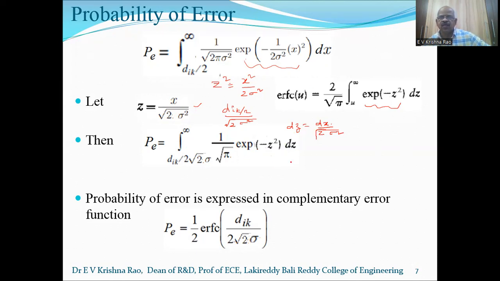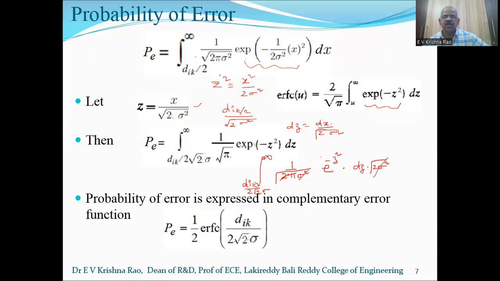So this 1 by root 2 pi sigma square, e power minus z square dz, and dx equals root 2 sigma square dz, so this gets cancelled, and so we get 1 by root pi, e power minus z square dz, with the lower limit dik by 2 root 2 sigma towards infinity.